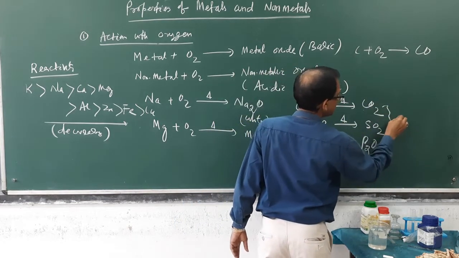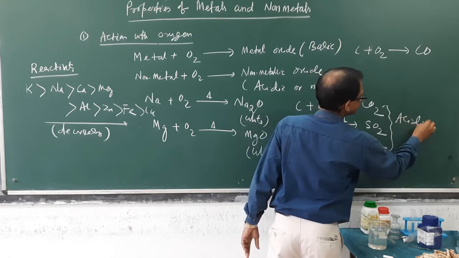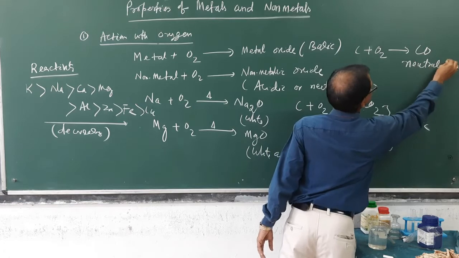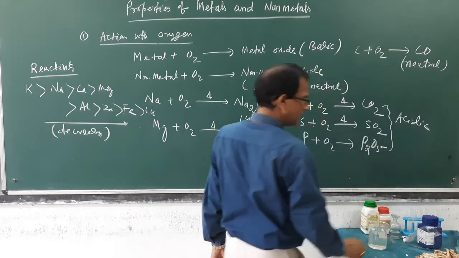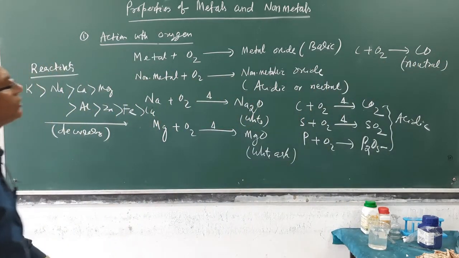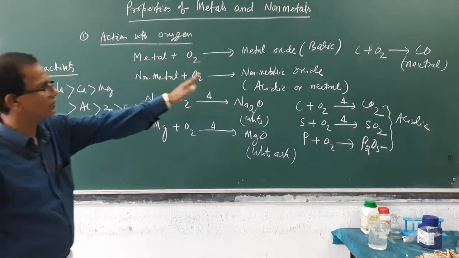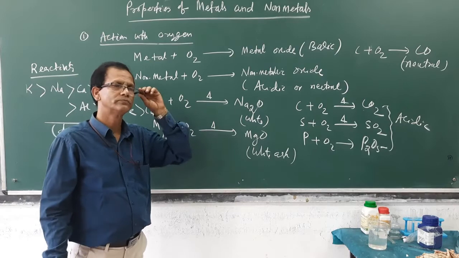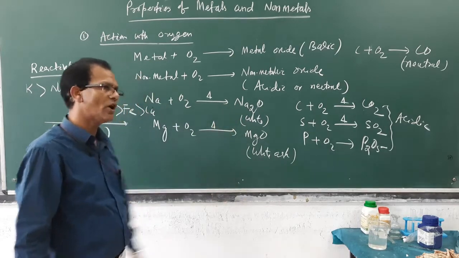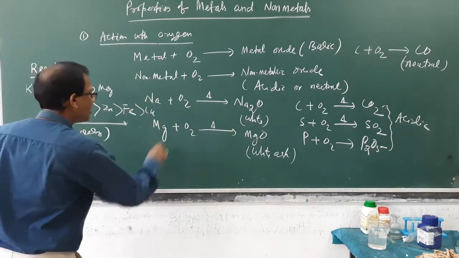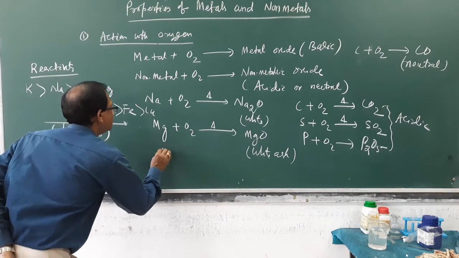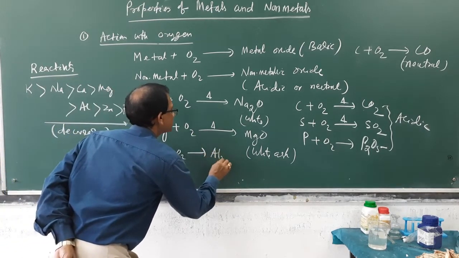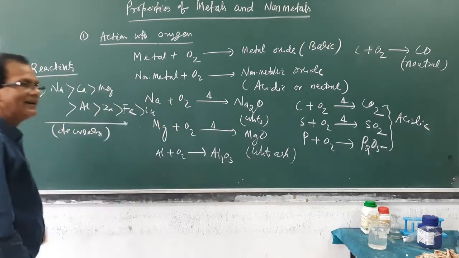These others are acidic, but this is neutral. So non-metals may produce acidic or neutral oxides, but metals almost always produce basic oxides. But some metals, for example aluminium with oxygen forming aluminium oxide, produce amphoteric oxides.